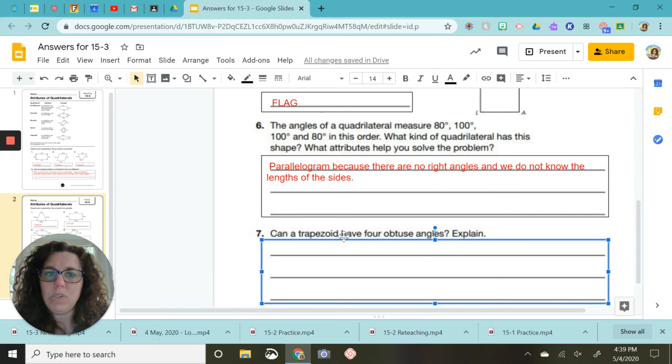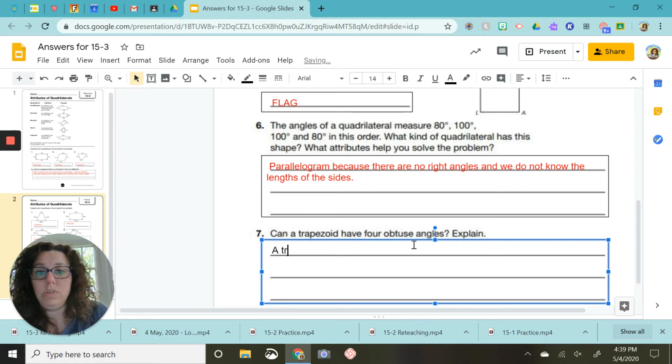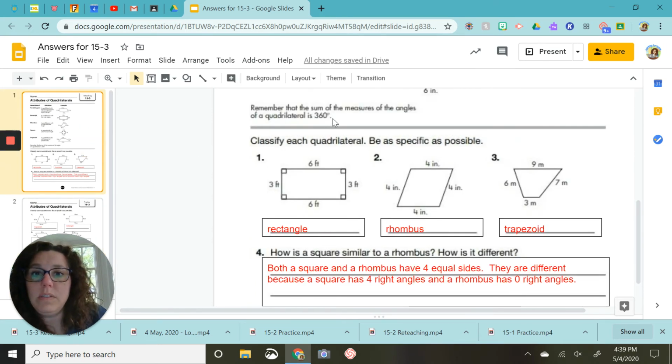Can a trapezoid have 4 obtuse angles? Explain. Okay, I do know this one for sure. A trapezoid cannot have 4 obtuse angles. And I'm going to tell you why. Because of this little statement right here. Remember, the sum of the measures of the angles has to equal 360 degrees.